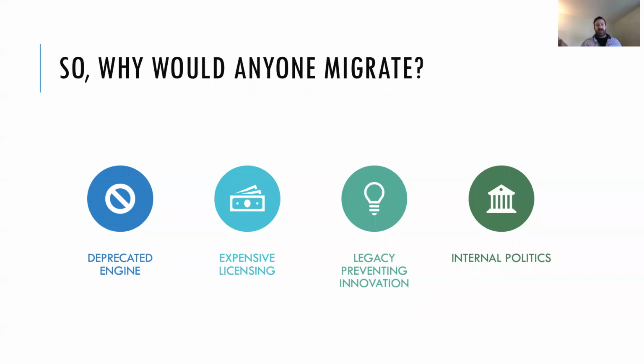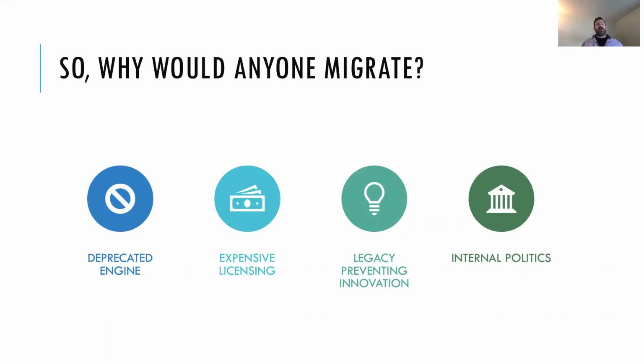Another reason is expensive licensing. You may be on some very, very expensive enterprise product that you're not really seeing the value in the amount that you're paying for the license. You want to migrate to an open source engine. Sometimes you got something that it's kind of working right now, but you want to do more.